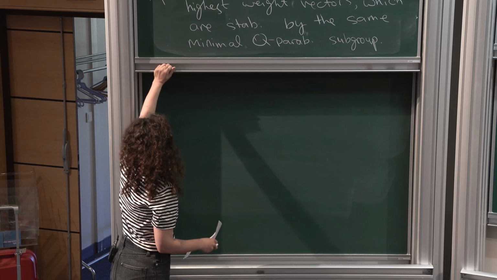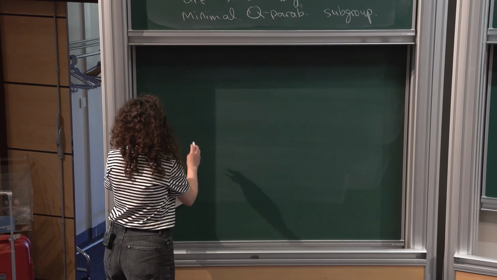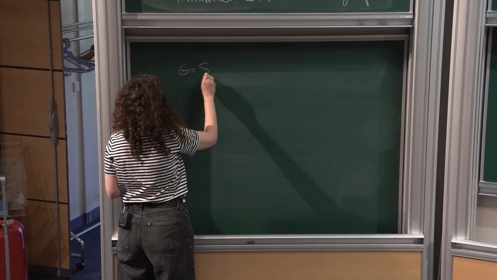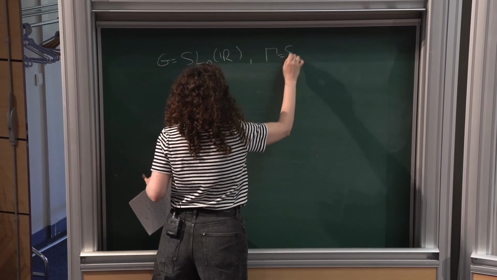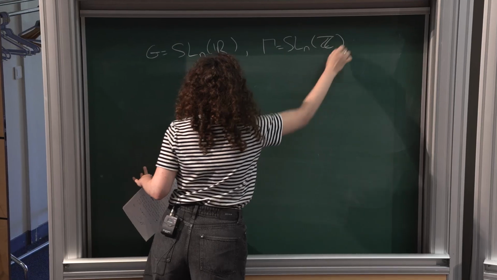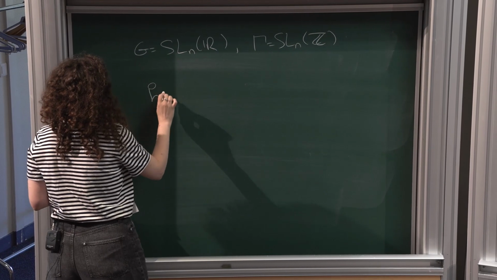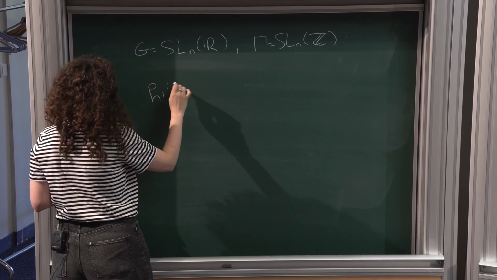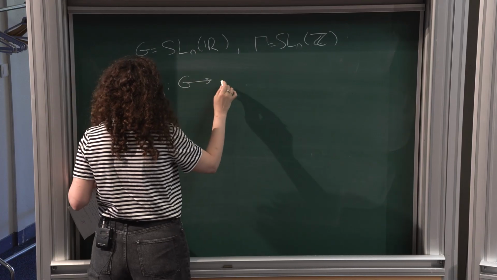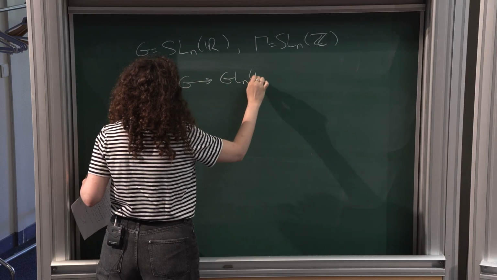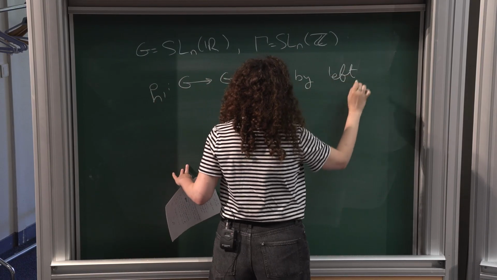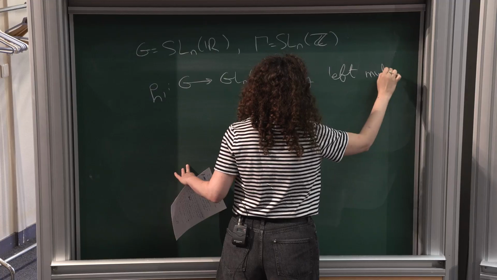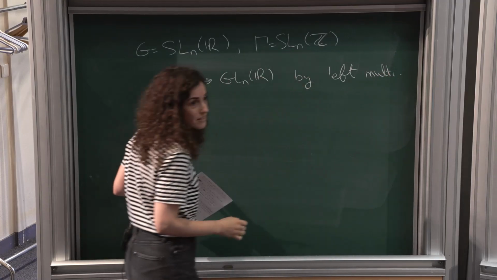And if you're not familiar with this language, you can think about the SL_N case, and gamma is SL_N(Z). In this case, ρ1 is just the standard representation, G to GL_N(R) by left multiplication.